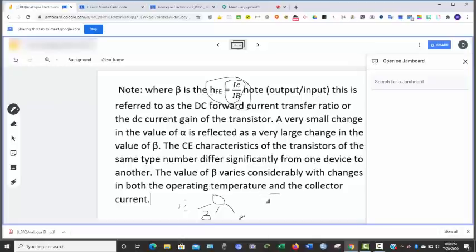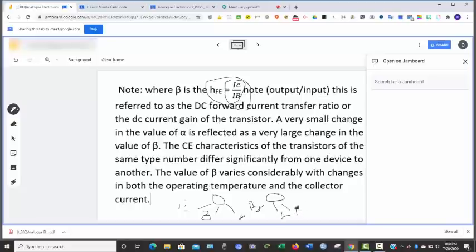If you have another transistor, this may not be the base, this may be the collector, and this may be the emitter.